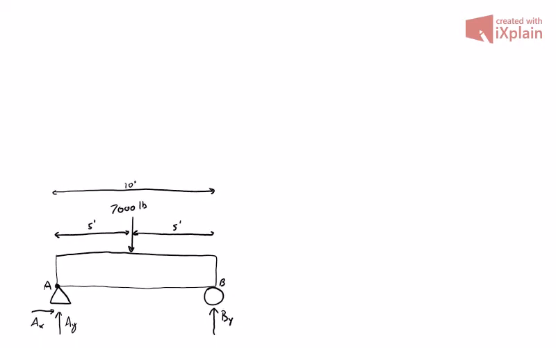All right, so at this point we have a pretty simple statics problem. We're going to solve it the exact same way we solved statics problems earlier on in the semester. So we're going to do the sum of the forces in the x direction is equal to 0. If we look at our picture going left to right, the only x force we have is the x component of force A, and there's no other forces, therefore the x component of A is equal to 0. So that's pretty easy.